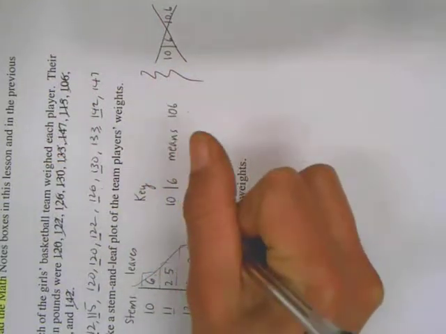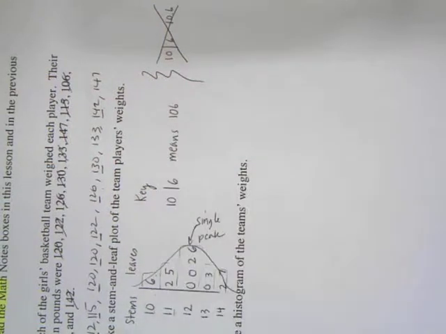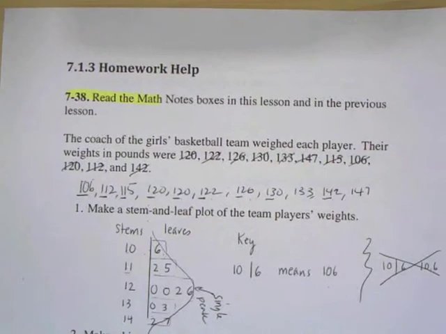So in terms of shapes of graphs, this would be a single peak. And this is some of the vocabulary in the math notes. It's fairly evenly distributed, and we don't see any outliers. There aren't any people that are really, really light in weight, or any people that are much heavier in weight than the bulk of the kids on the team.